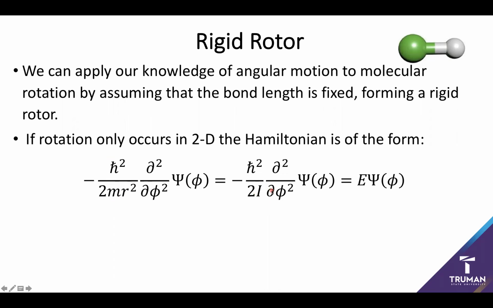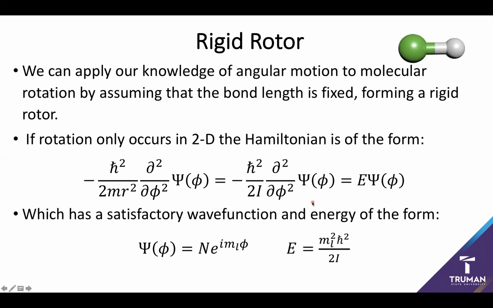Now, this forms an eigenfunction eigenvalue system, and it turns out that there is a known set of eigenfunctions for this Hamiltonian, which form the general structure of a normalization constant times the exponential of an imaginary number times a new quantum number, which we are going to call a rotational quantum number, m sub l, for reasons that we will see next chapter. And again, the location of the particle in the direction phi.